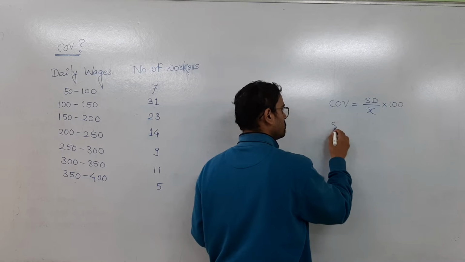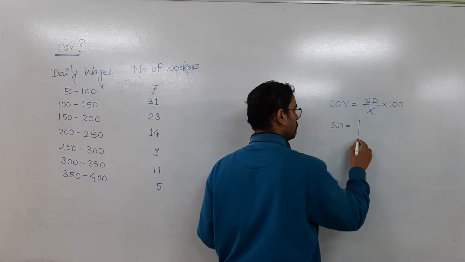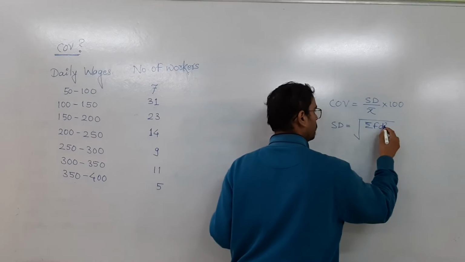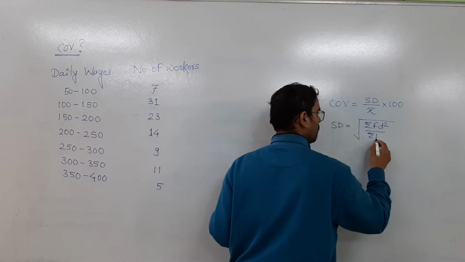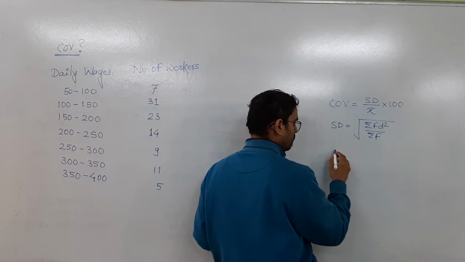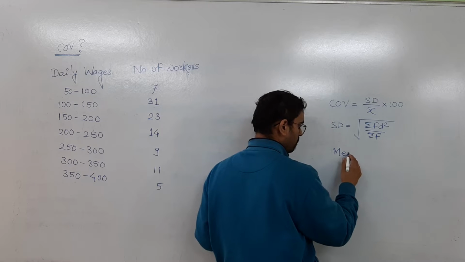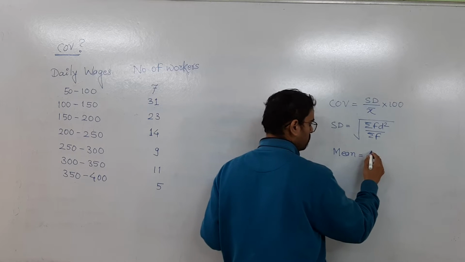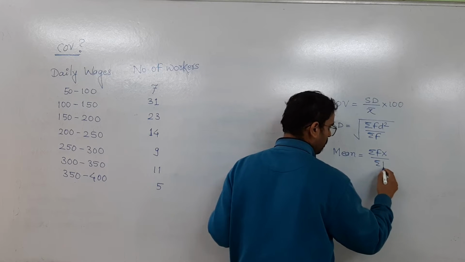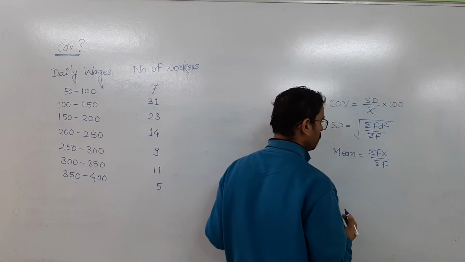The standard deviation formula is the square root of summation fd square divided by summation f. And the mean formula is also simple: summation fx upon summation f.